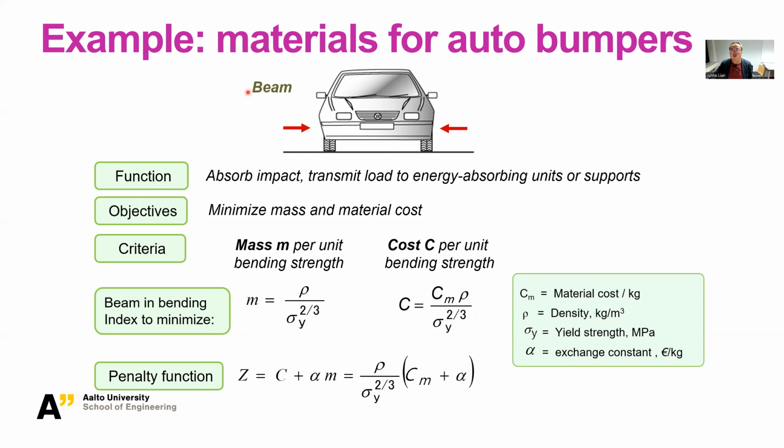So here we are trying to, let's say, select a material for the front bumpers for a passenger automotive. The front bumper, I think everybody knows, is this thing, this horizontal beam right here. It will be used to basically absorb energy when you have a crash, most likely a low speed crash in the city.